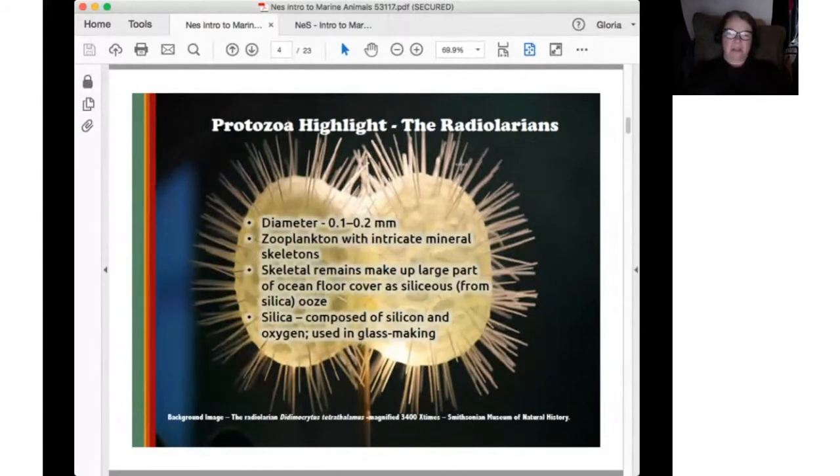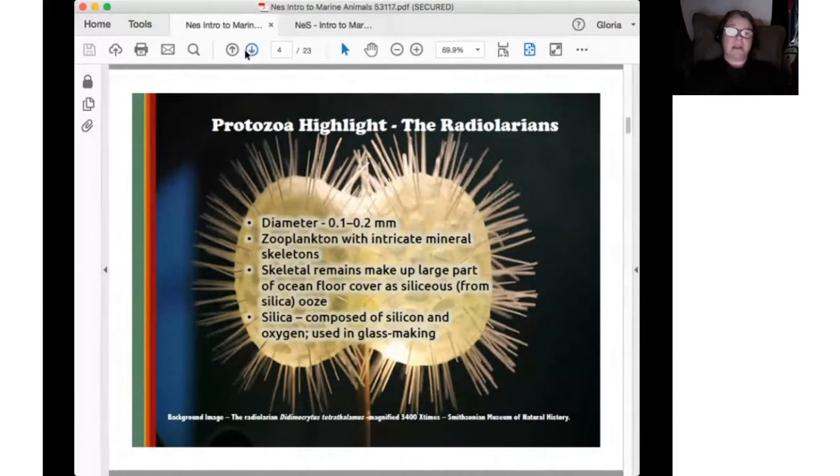Does that remind you of anything? Kind of reminds me of two hedgehogs, like Siamese twin hedgehogs. The skeletal remains make up a large part of the ocean floor cover as siliceous ooze. Sounds kind of slimy. From silica. And what is silica? It's composed of silicon and oxygen, which is actually a main ingredient used in glass making.